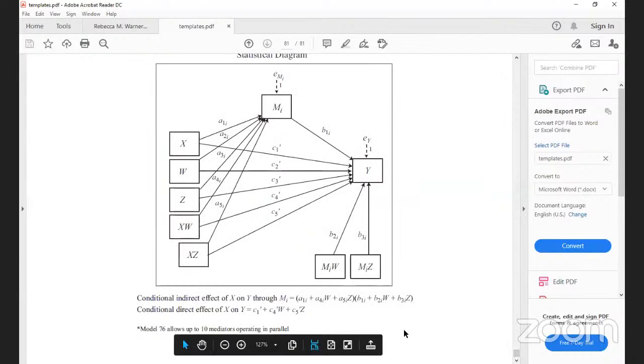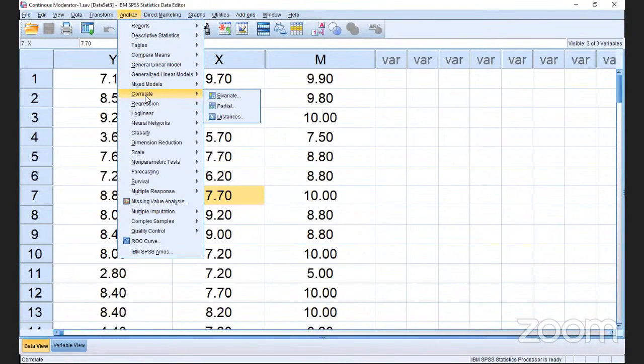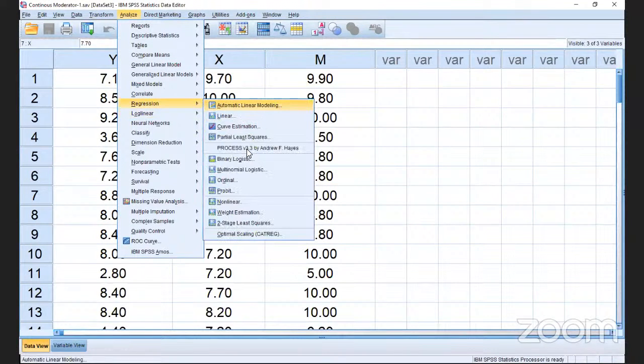So I am stopping sharing this and opening the SPSS file to show the model numbers. Analyze, regression, and the process macro, and here the model number.